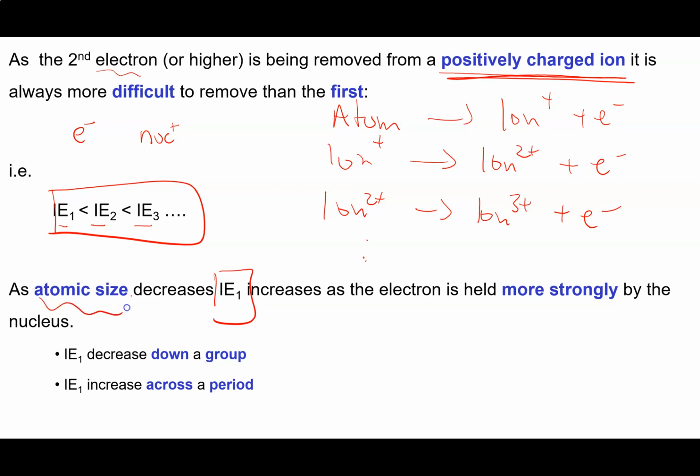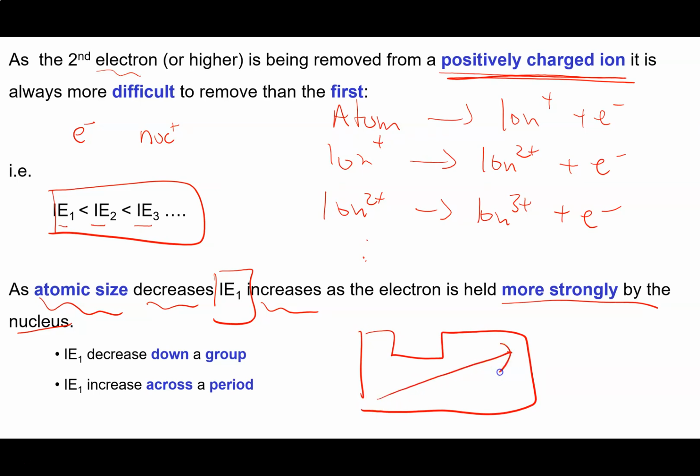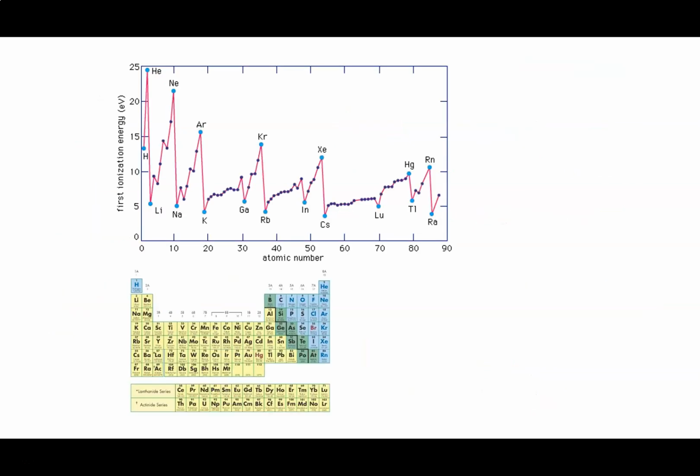So as atomic size decreases, IE1 will increase because the electron is held more strongly by the nucleus. So how does atomic size decrease? Atomic size decreases from francium up towards fluorine. So that is the order that IE1 increases. As the atoms get smaller, it gets harder to remove an electron.